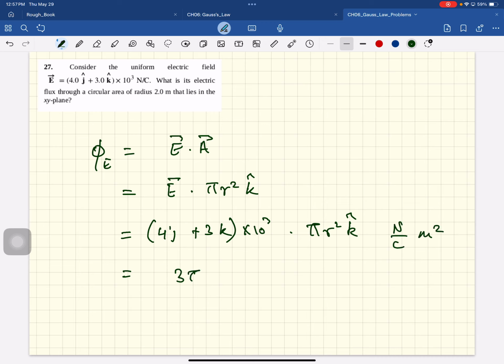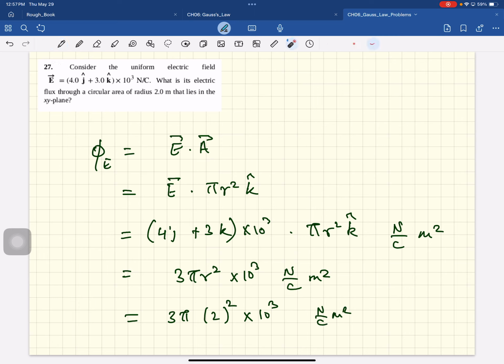So 3 pi r square times 10 to the power 3, so that's 12 pi times 10 to the power 3.